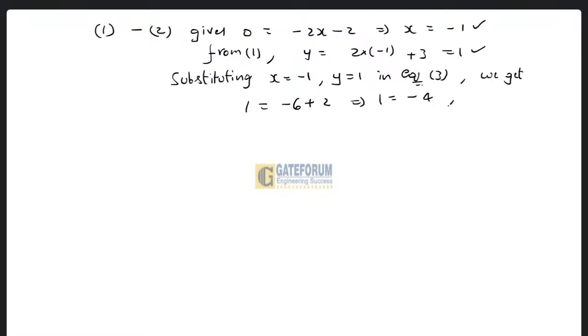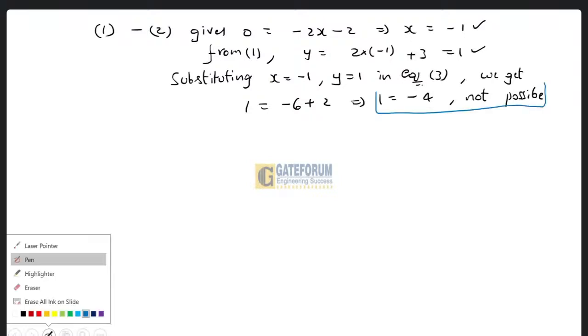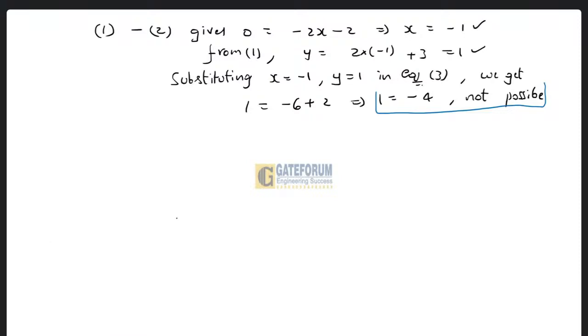So not possible. So that means this is not true. Now what is your confirmation? So x and y do not satisfy the given equation. Therefore, x is equal to minus 1, y is equal to 1 does not satisfy the third equation.